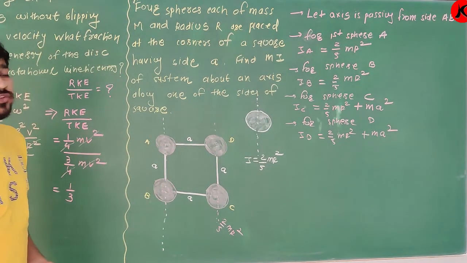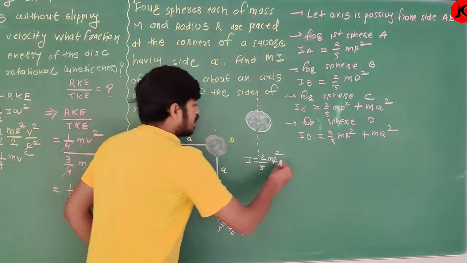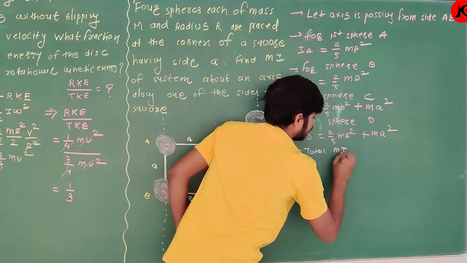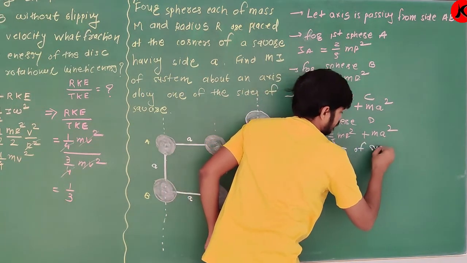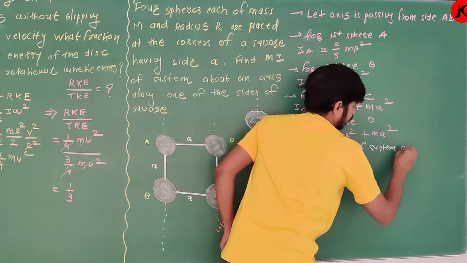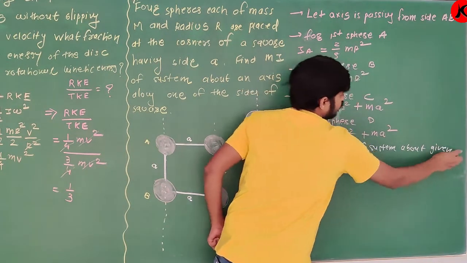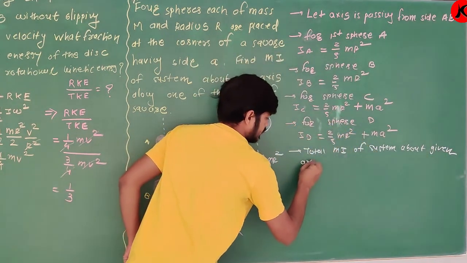Now we have to find the total moment of inertia of the system about the given axis.